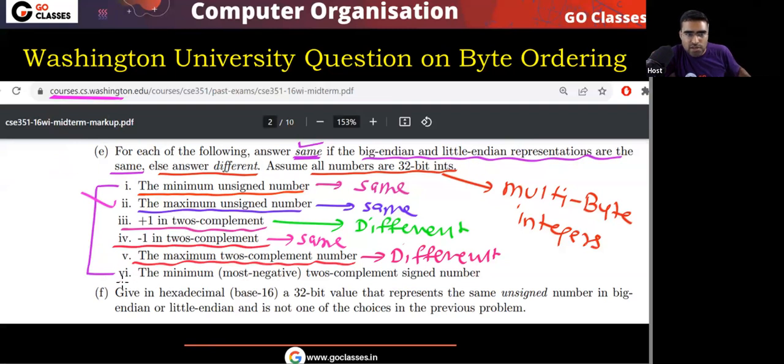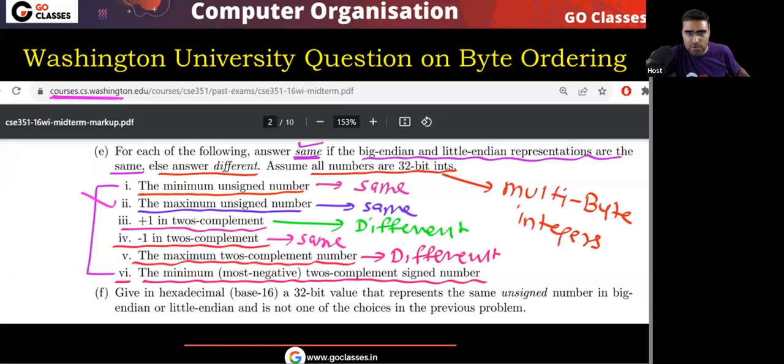Now let's do the last one also. Tell me, what about the answer for the sixth one? The minimum, meaning the most negative 2's complement signed number. Now tell me the answer for this one.